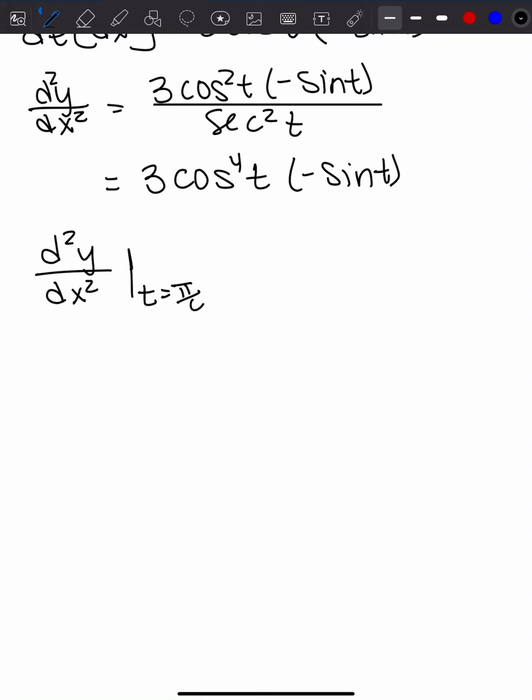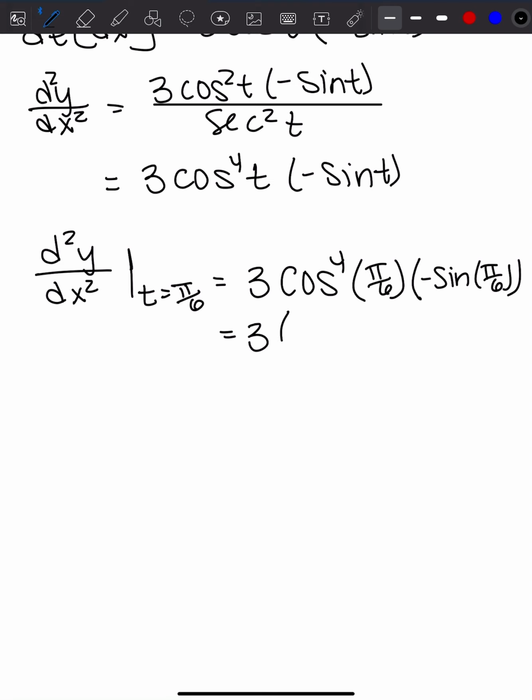Pi over 6 is going to be a unit circle value. I'm just going to take out the 4th power really quick. I'm also going to move that negative to the front with the 3, just in case, so I don't forget it.